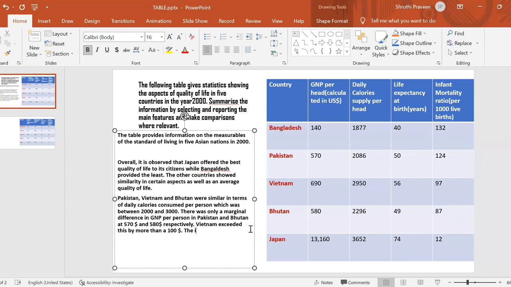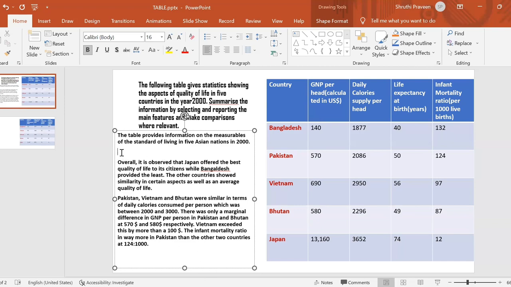The infant mortality ratio is way more in Pakistan than the other two countries at 124,000. Okay. So this is my data.